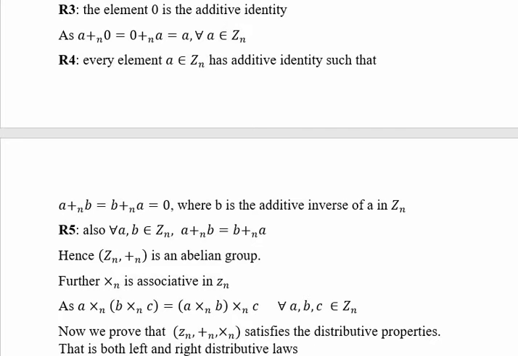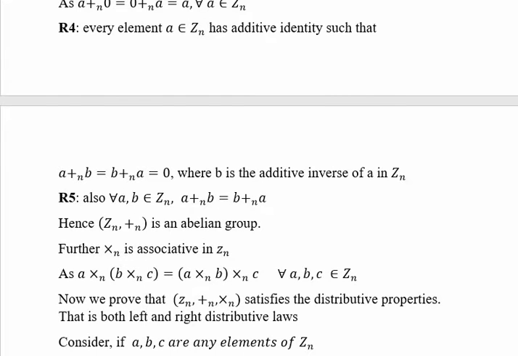To prove that Zn, plus n, is a commutative group, we have to prove the commutative property, that is a plus b should be equal to b plus a under addition modulo n. And this property is true in the set Zn, plus n. So Zn, plus n, is an abelian group.